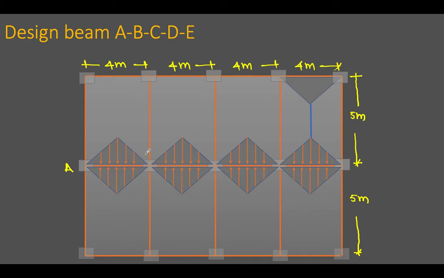So this A is a column, B, C, D and E. So this is the continuous beam we have to design. Now if we consider this 4 meter by 5 meter, each panel is having its dimensions.